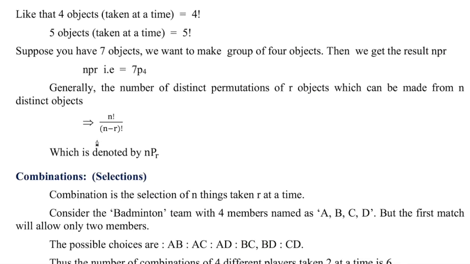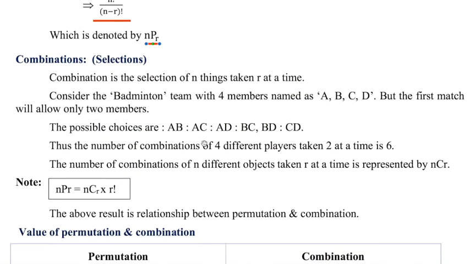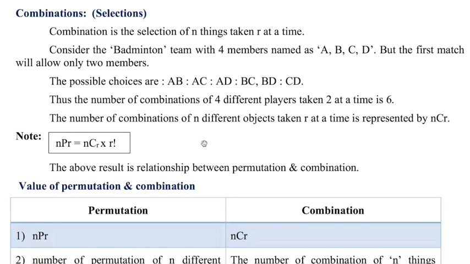This is defined as nPr. In this example, 7 objects and you have to take 4 objects at a time, so 7P4. The number of distinct permutations of r objects which can be made out of n distinct objects is n factorial by n minus r factorial, denoted by nPr.